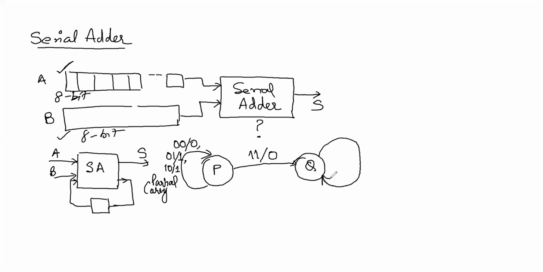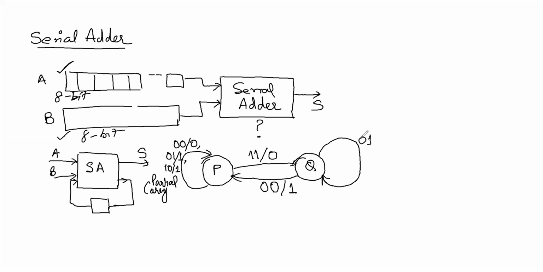There would be some cases when your partial carry will be 1, and there will be some cases when partial carry will become 0. So when does partial carry become 0? If I get input 0, 0, I had partial carry 1. So my sum becomes 1, but my partial carry becomes 0. So I come to state P. I return to state P.